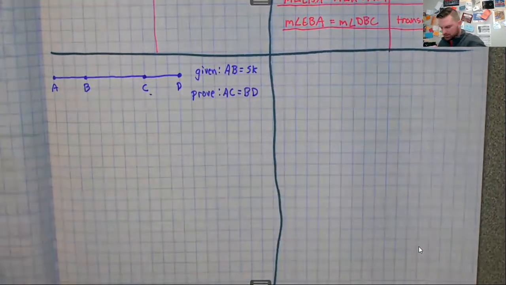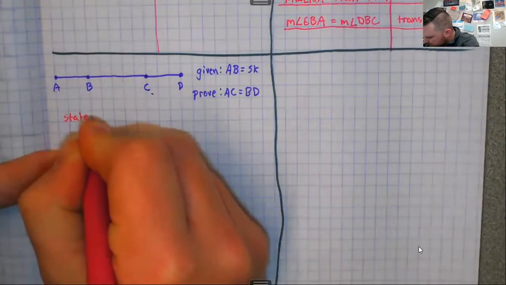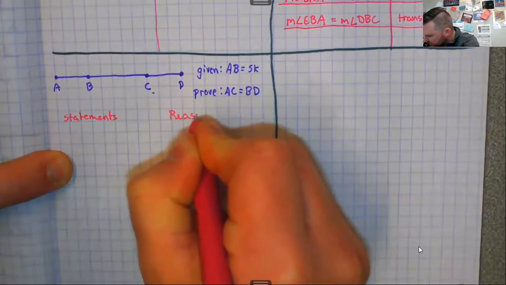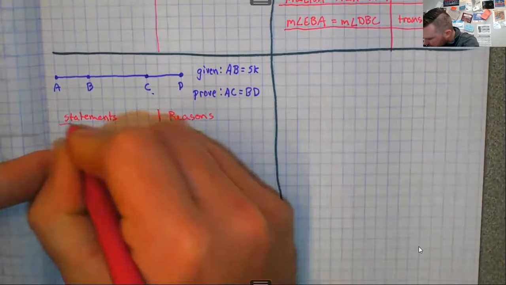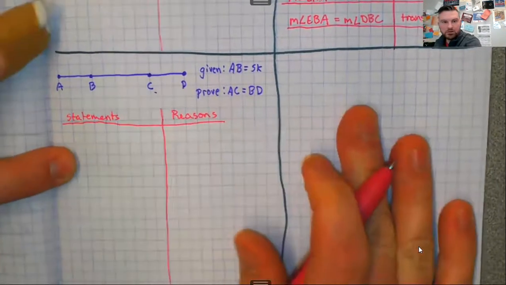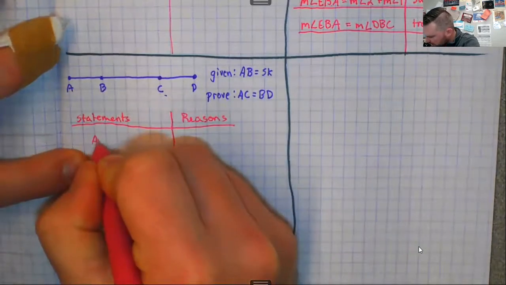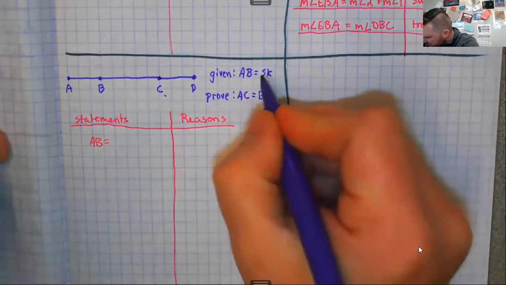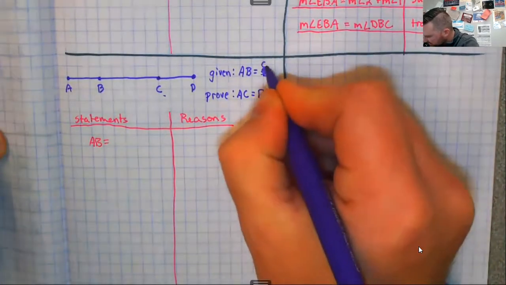All right. So we have statements and reasons. We're going to start with the given here. So AB equals, oh, I put an SK there, didn't I? This should be CD.